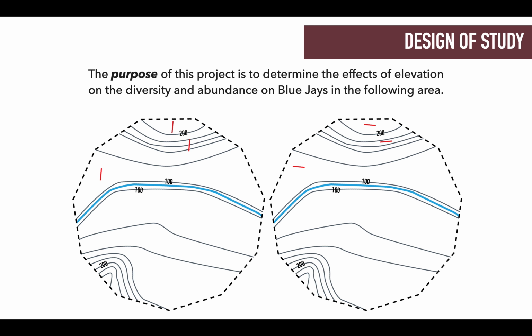Okay, let's try it again. Now this one has changed because this is written up for birds. Birds are a little different because you're going to be walking a transect, whereas arthropods and woody plants are going to be looking at a park as a whole. So what does your park as a whole have as an average elevation? As birders, you're going to be looking at specific locations within a park.